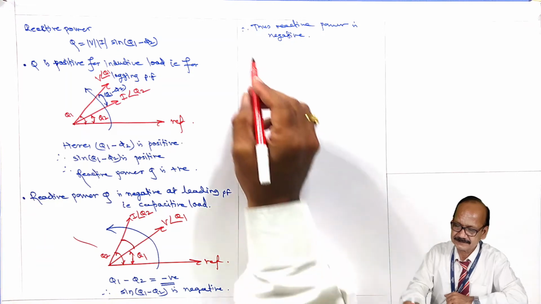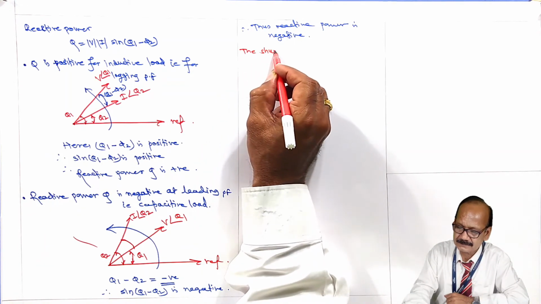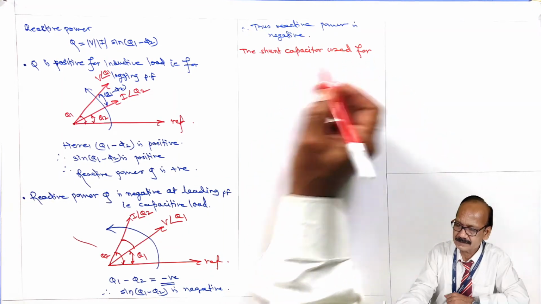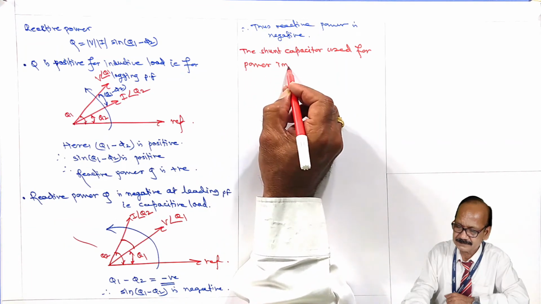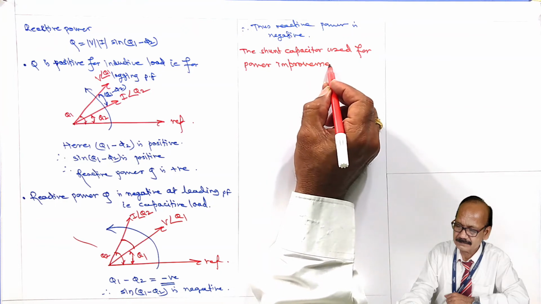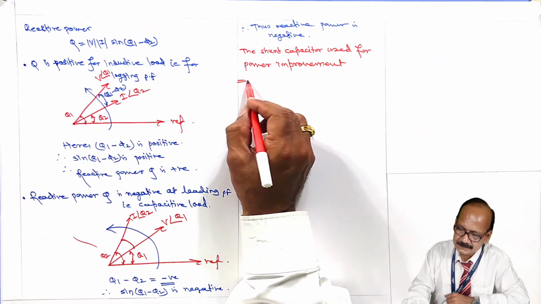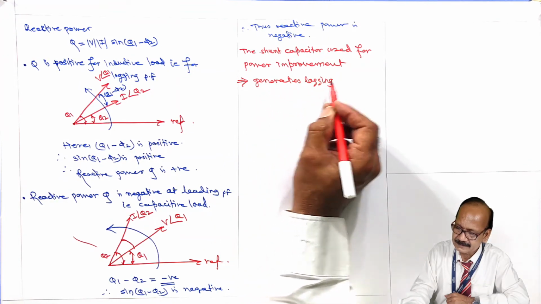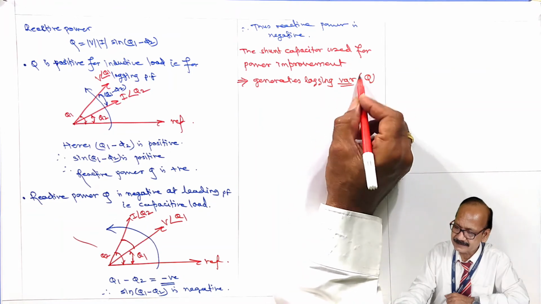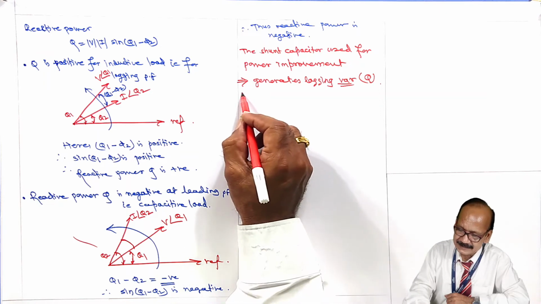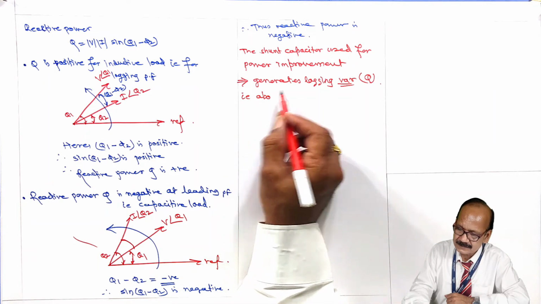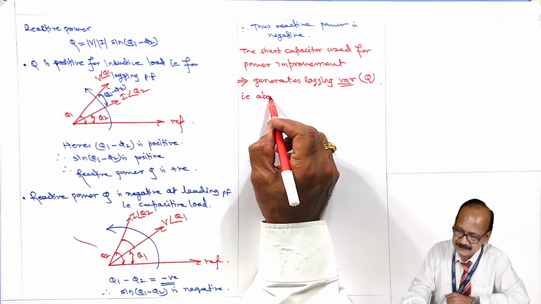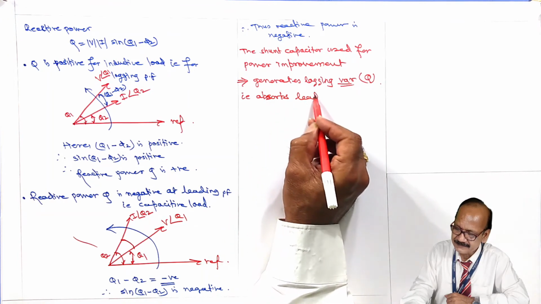The shunt capacitor used for power factor improvement generates lagging VAR, meaning reactive power, and that supplies to the load, that is, absorbs leading VAR.